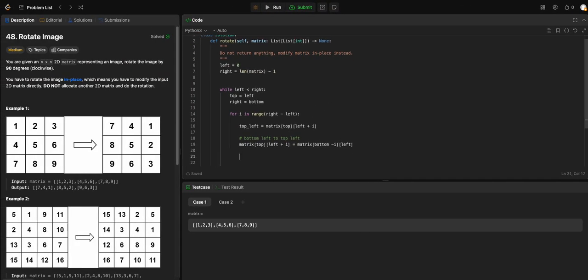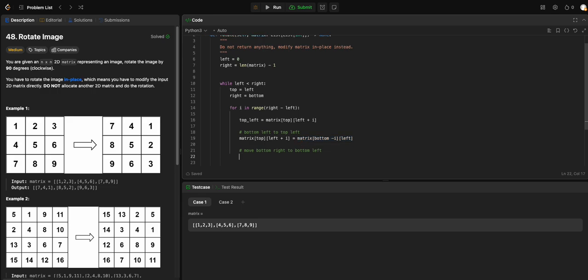Then here we move bottom right to bottom left: matrix[bottom][left + i] equals matrix[bottom][right - i].